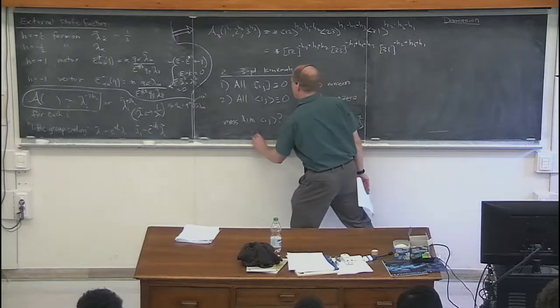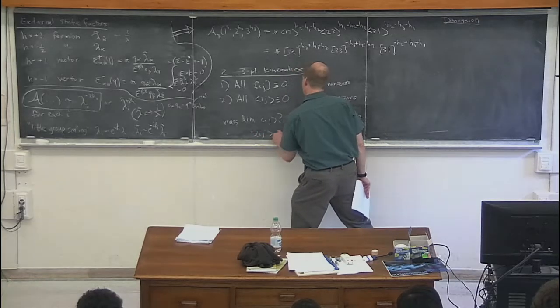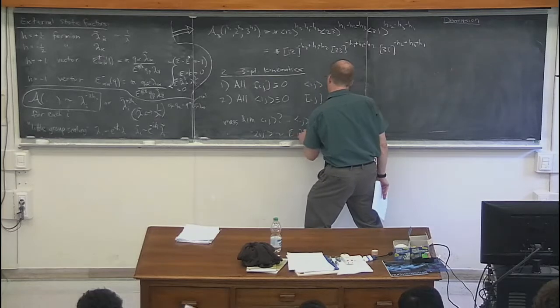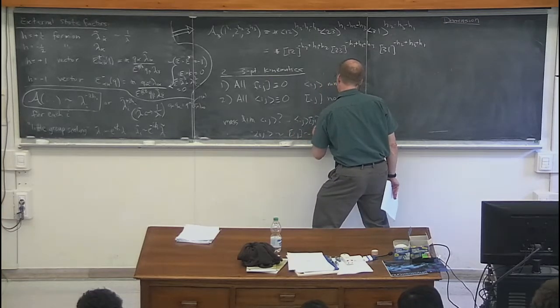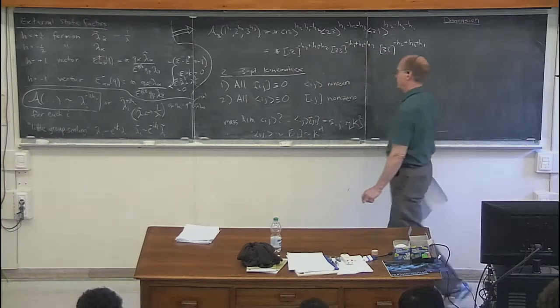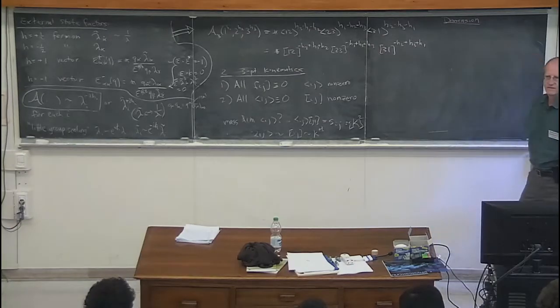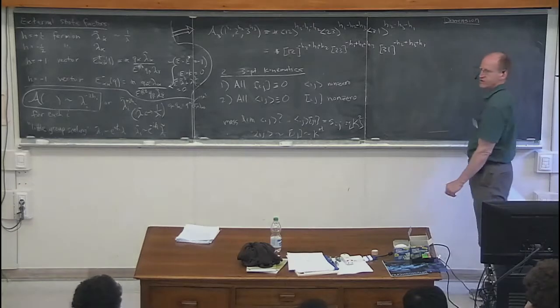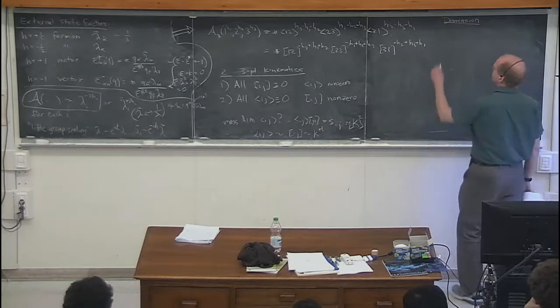So each of these things scales like k to the plus 1. Okay? Because they're square roots of Mandelstam variables which scale like k squared.